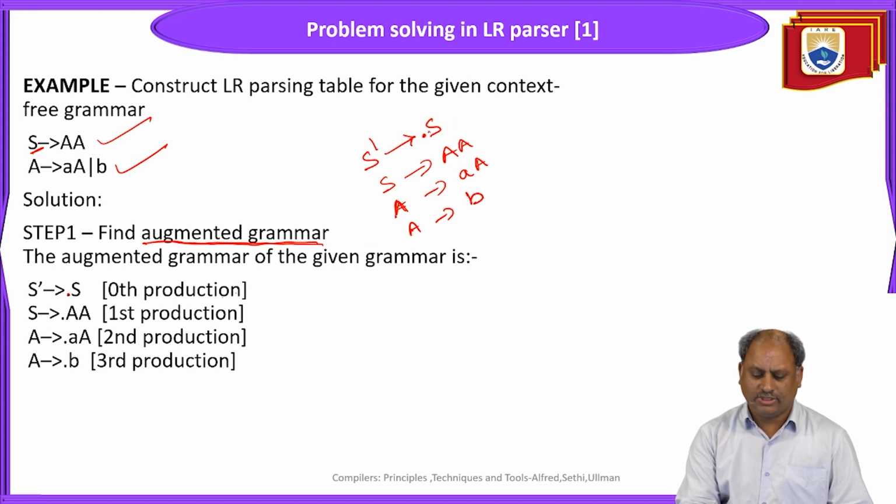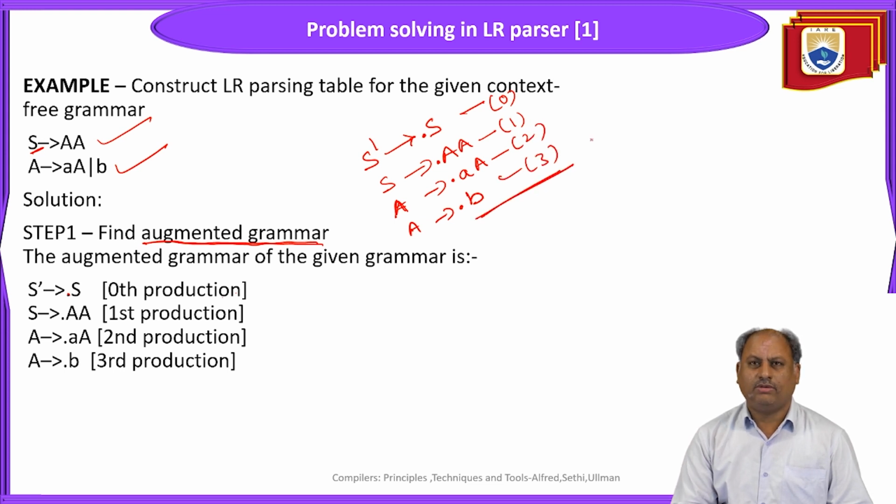This is indicated with S dash derives dot S, S derives dot AA, A derives dot small a capital A, and A derives dot B. In this way, this is the first production, the second production, and this one is the third production. Like this, we give numbers for identification purposes while implementing the parse table.